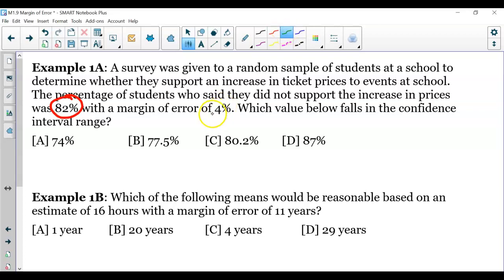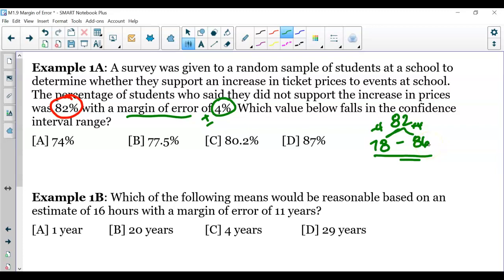So we're going to create and use that interval here where the data could end up once all students have been surveyed. And that margin of error is 4%. So this is what we're going to add and subtract. So here, if I've got 82, that means my interval is subtracting 4, which is 78%, and adding 4, which is 86%. So this is the interval that, again, as the data comes in, that our data could fall between.